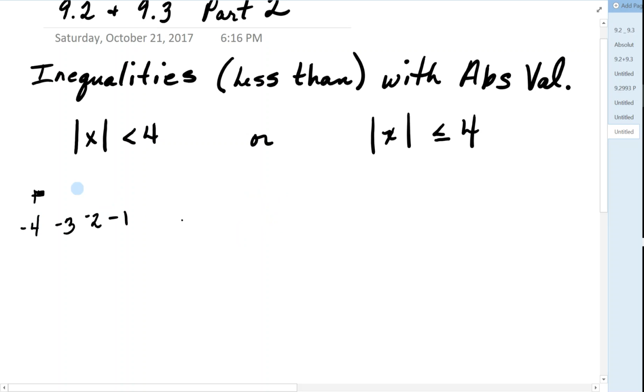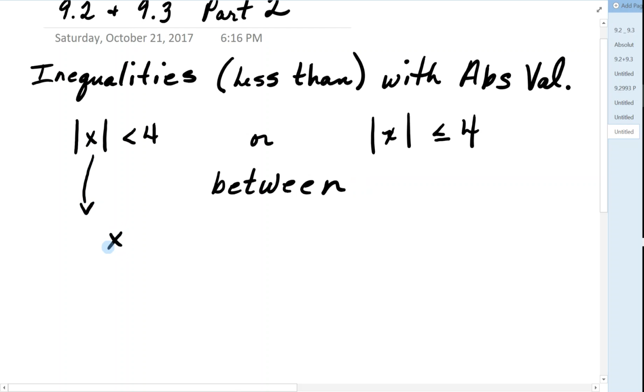So I said I was going to erase that, and I am. Excuse me. Anytime you're dealing with a less than with an absolute value, then you're going to look at between. All right, let me clarify that. Whatever is in the absolute value, in this case it's just x, is going to be between negative 4 and positive 4.